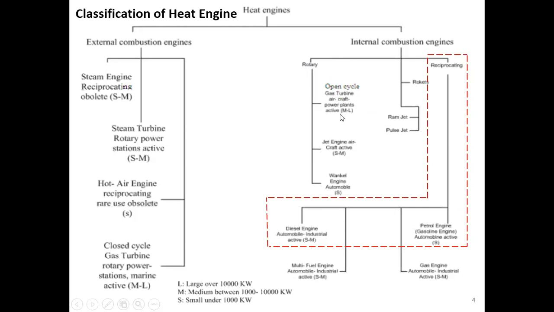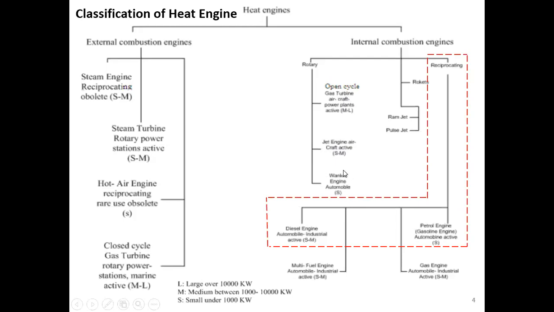The jet engine is also a gas turbine engine. But when we mention the gas turbine here, it means we have work coming out from the gas turbine. For the jet engine, we are talking about a gas turbine engine that provides thrust force, not work output. It provides the thrust force to push the plane to fly.